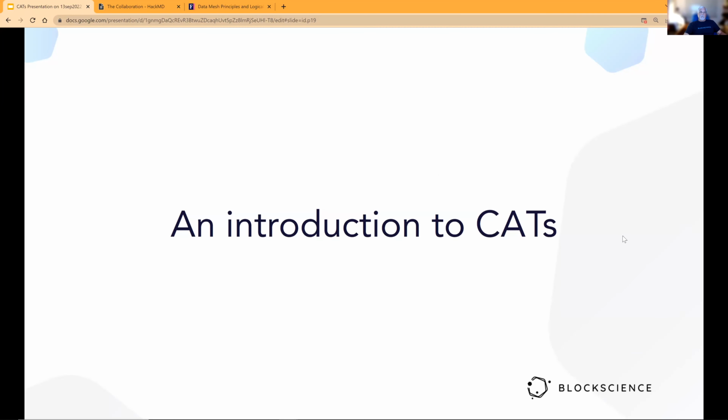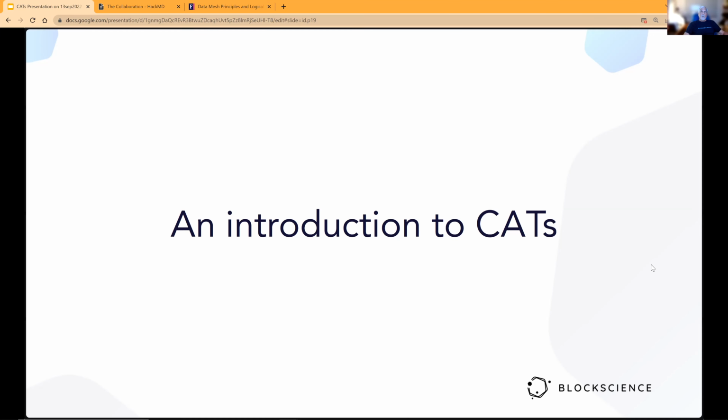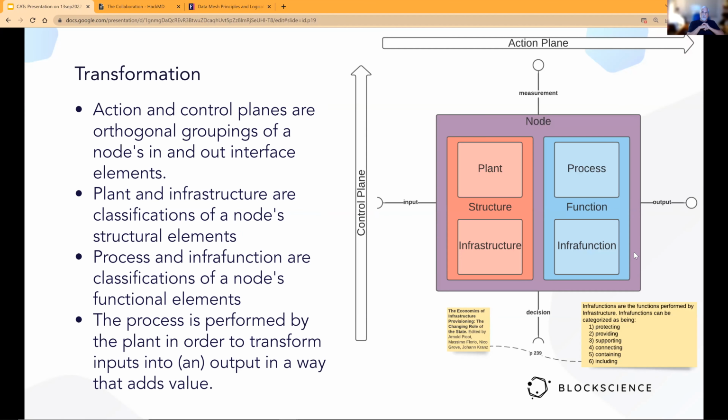So with that introduction to BlockScience and an overview, we want to introduce CATs. I'll take it from a conceptual point of view and then pass it off to Josh, who will go through the instance of CATs that he has developed.